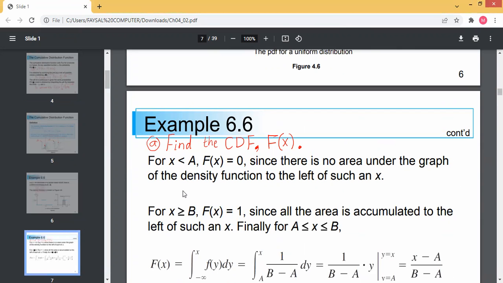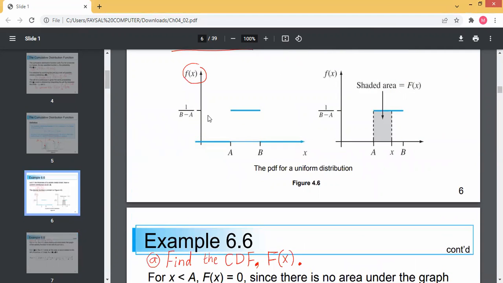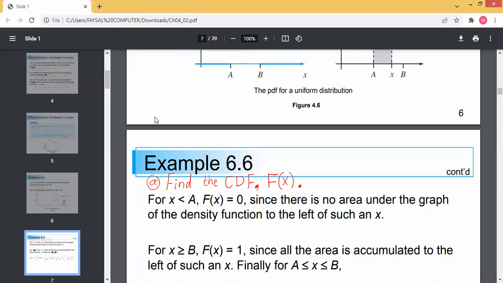For x greater than or equal to b, this means that it may be this point, the b point, or greater than this point. Here the function f of x equals 1.